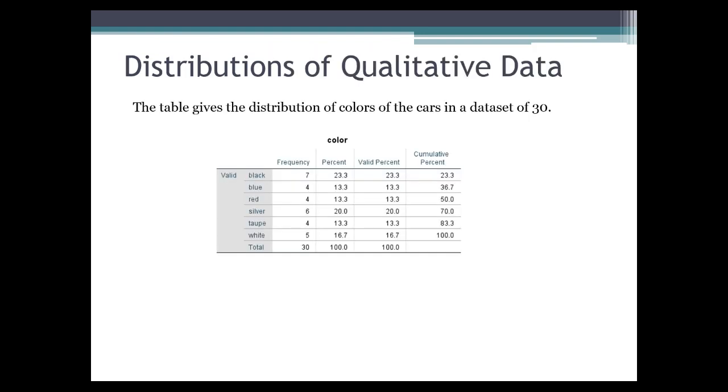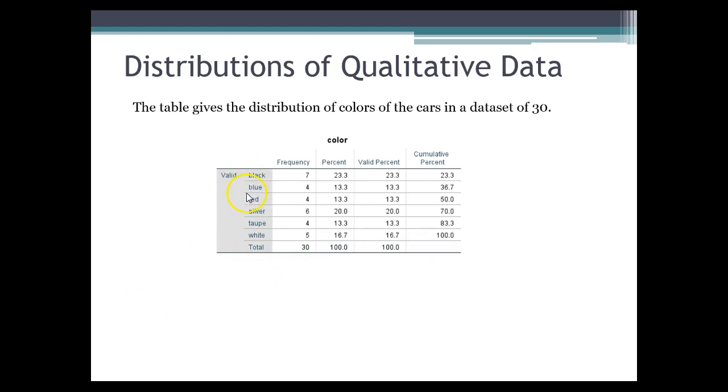Okay, let's talk briefly about qualitative data. For qualitative data, you really don't have so much a histogram as a bar chart. The differences are minor, and I'm not going to get into it, but this was a data set we looked at before.